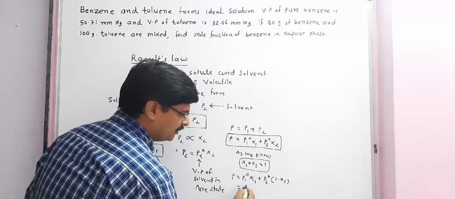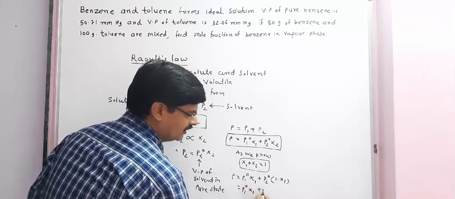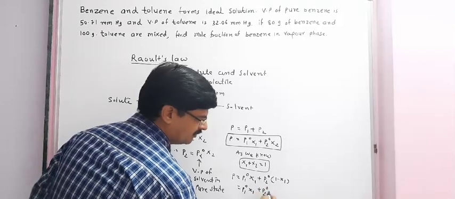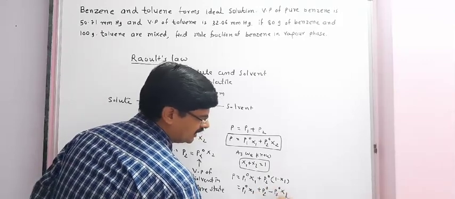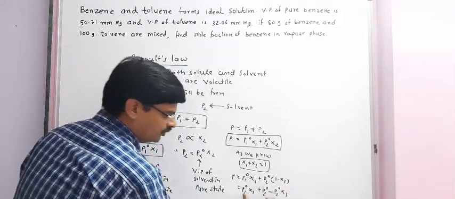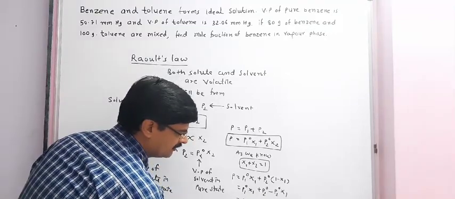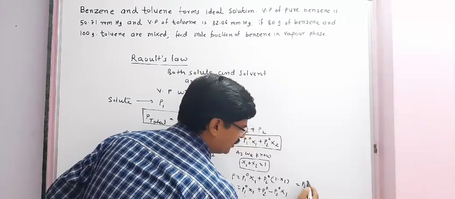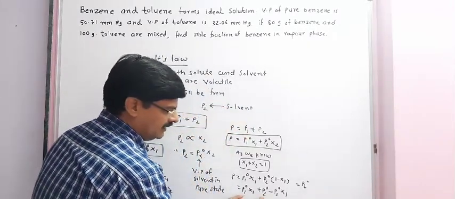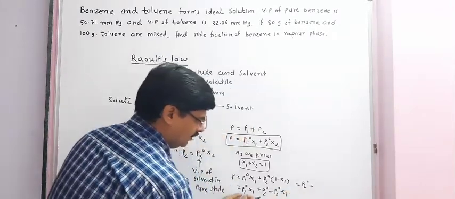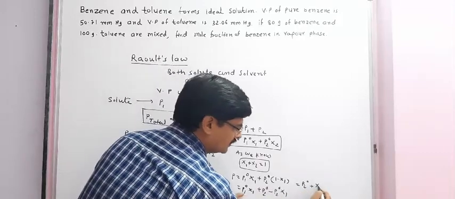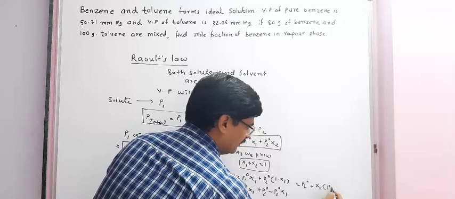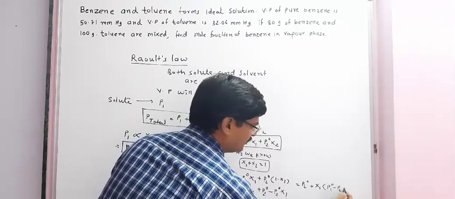Now we can write P1 naught X1 plus P2 naught into 1, that is P2 naught, minus P2 naught X1. So from this we will get P2 naught, and plus, from this X1 is common, then we will get P1 naught minus P2 naught.